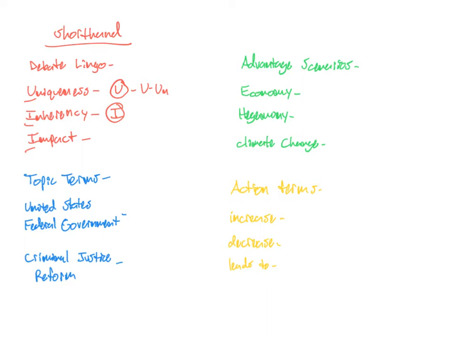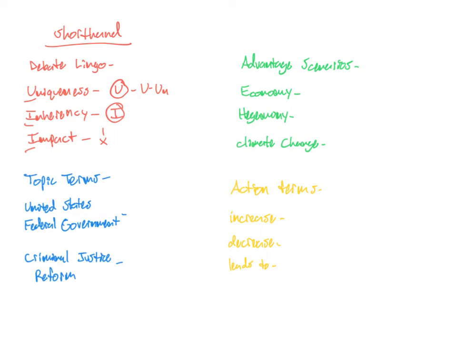For impact, because I used I here for inherency, I like to use a little exclamation point with an X there for impact, because that's a pretty unique symbol. And the impact, I definitely want to know when that's coming up in the debate round, so I used something that really stood out to me to mean impact there.